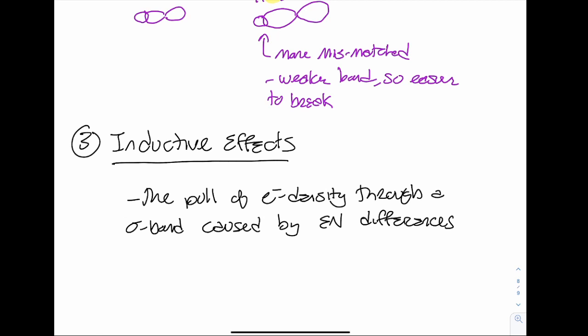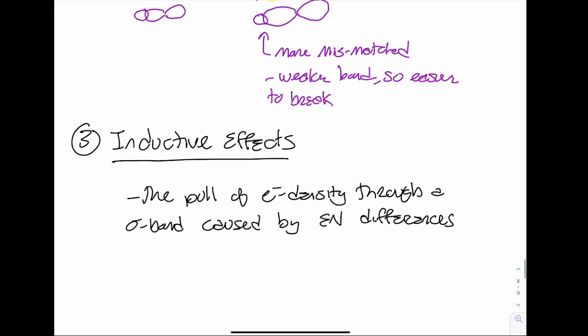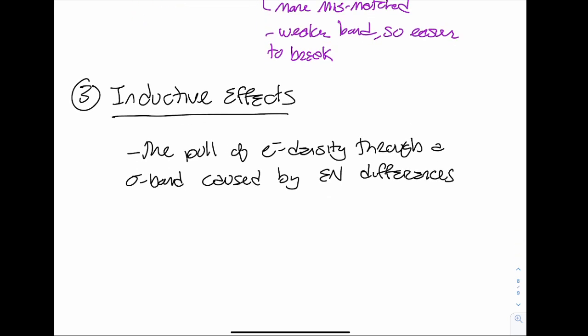And it's generally stabilizing, right? Remember, anytime we can delocalize electrons, if we can spread it thin, then it's more stable. So here, we're not spreading it thin by resonance, but we're still spreading it thin through inductive effects. Instead of the electrons sitting in one spot, they're being pulled through that bond, which means, again, in effect, I'm spreading that electron density out, so I'm making it more stable.